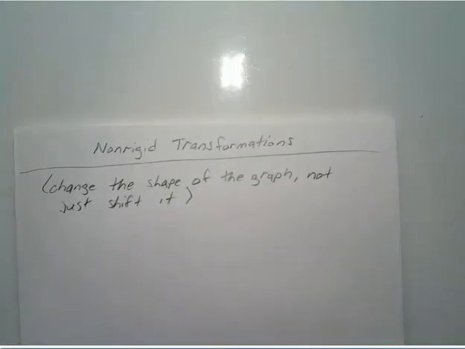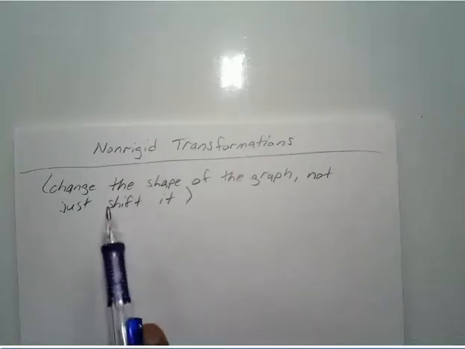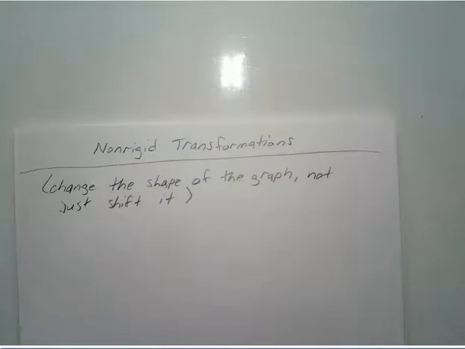So the rigid transformations, we're just shifting the graph. The graph itself doesn't change shape. The non-rigid, we're actually changing the shape of the graph.